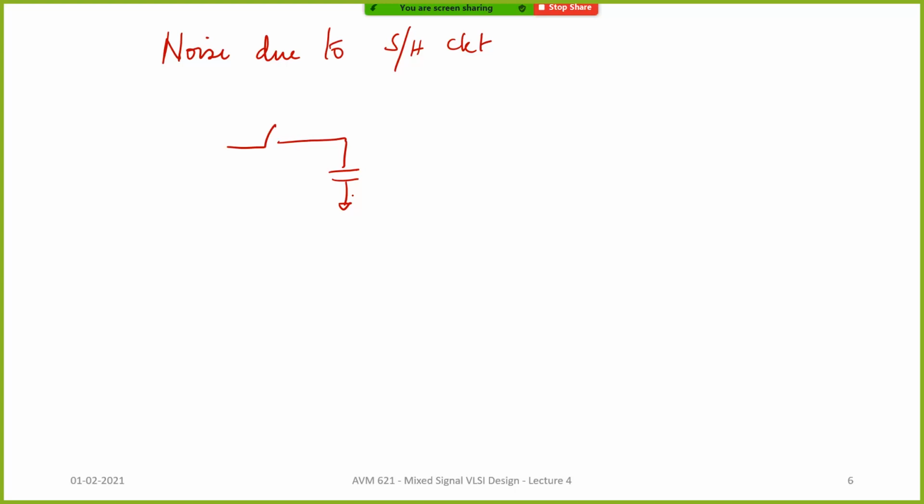Now we know that the switch is not ideal, it has an on resistance. So we can denote this, as we just now saw, as a resistance. Now this resistance will definitely have some noise component, correct? So now this is our actual switch.